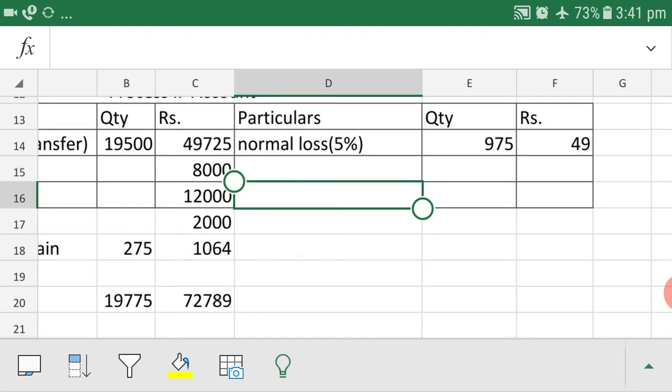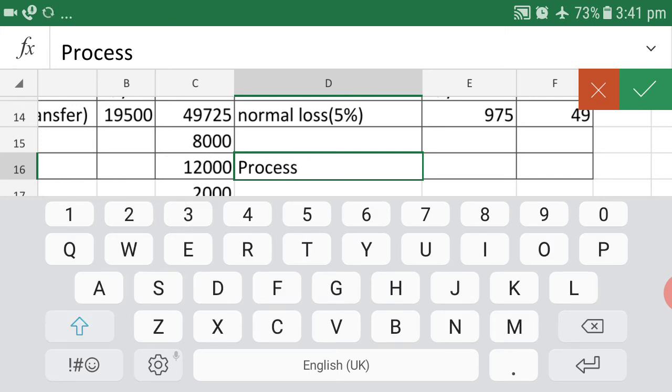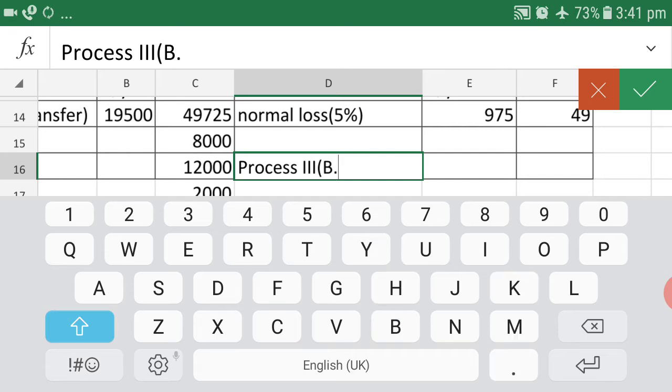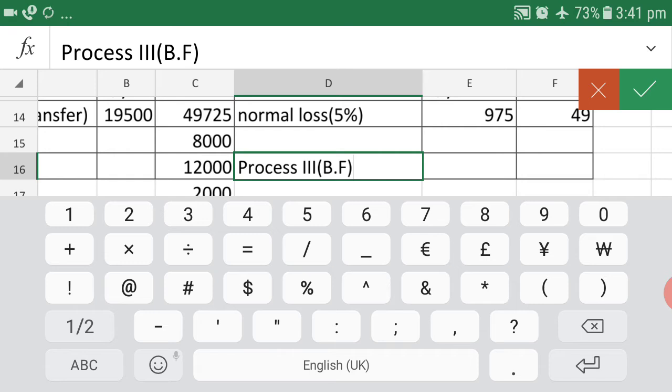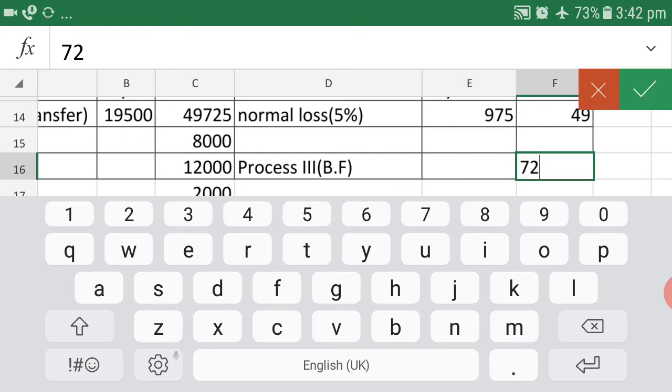The balance figure will be process 3 account. 72,789 minus 49 is 72,740.